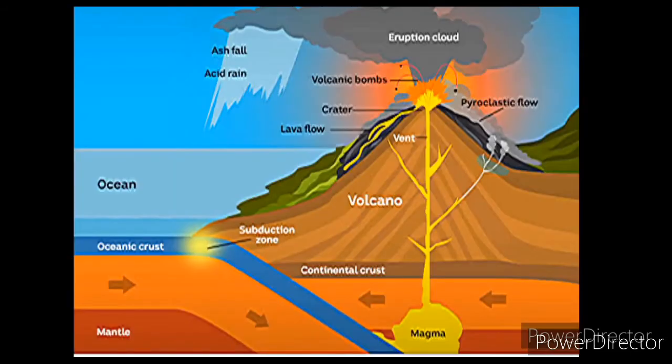Again there is a basic difference between the upper mantle and the lower mantle. The upper mantle is liquid in state and the lower mantle is solid in state. The upper mantle is the main source of magma, which is the main reason for the volcanic activities which we see, which usually happen because of the movement of molten magma or movement of tectonic plates. So you all have the basic structure of the mantle.